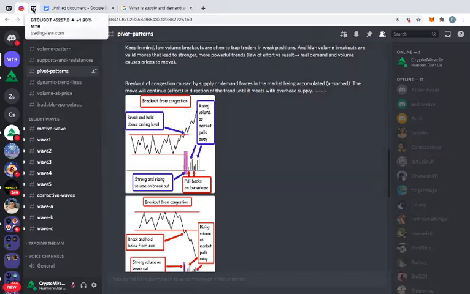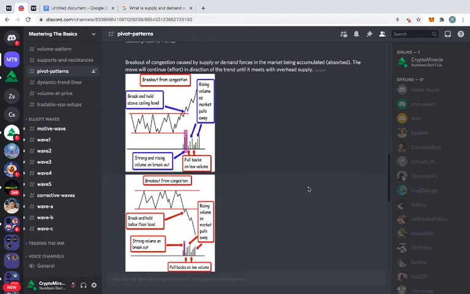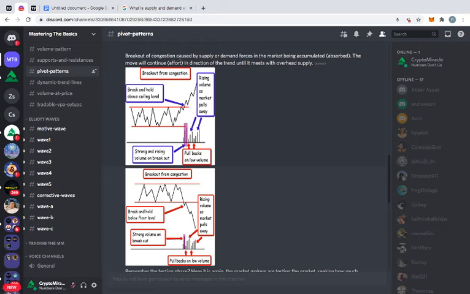They have good dominance coins and stuff like that that will help us figure out which coins are gaining the most dominance, gaining the most priority in the market, what has the most demand, and we'll be able to anticipate what's going up and what's going down. So the breakout out of a congestion caused by supply or demand forces.